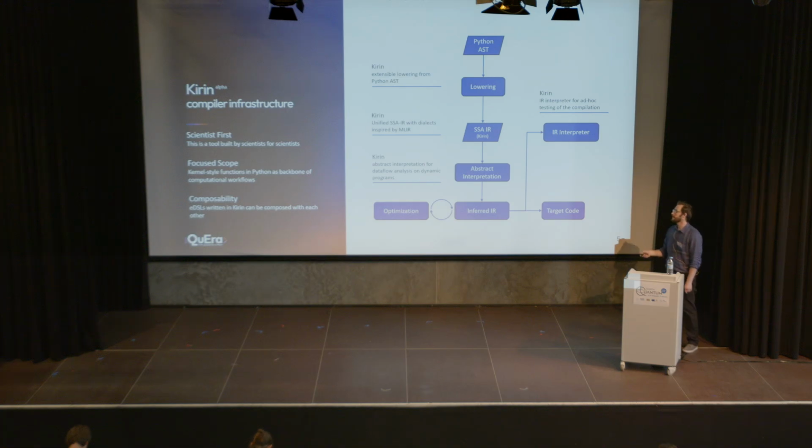Kirin is a compiler toolchain which allows you to define embedded DSLs inside of Python. The idea is you can build up semantics, and then use them to program something inside of a Python function.